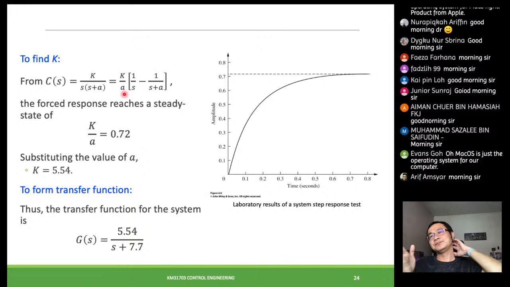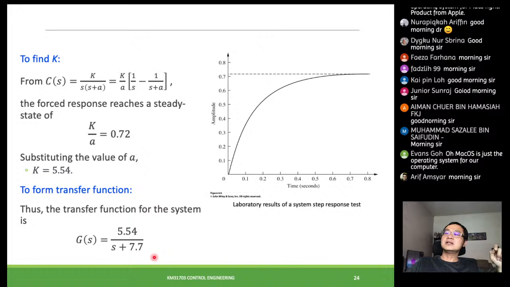So k over a refers to your final value, which in this case is 0.72. We already know a is 7.7 and the final value is 0.72. From that you can solve for k. Once you solve for k, you know the transfer function just by doing this test, right?